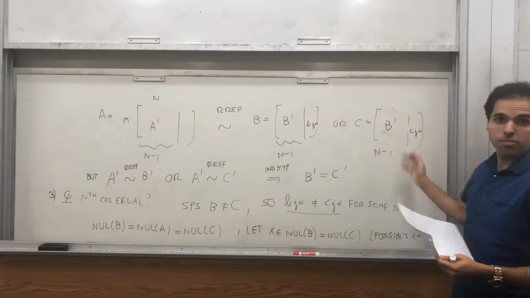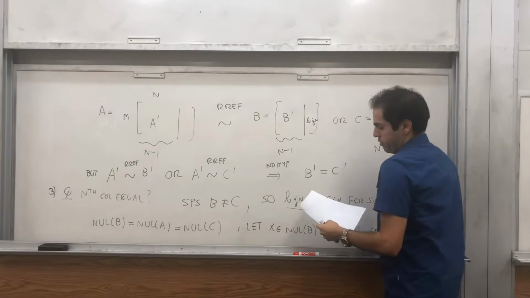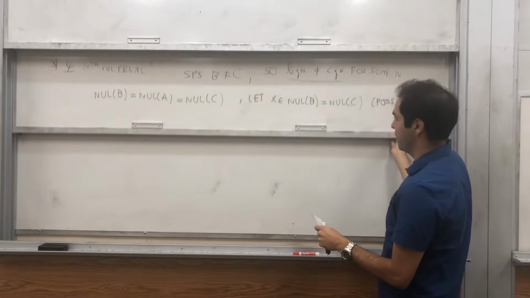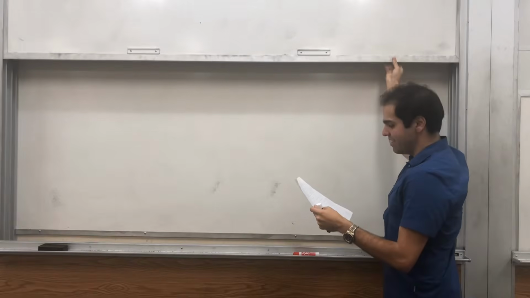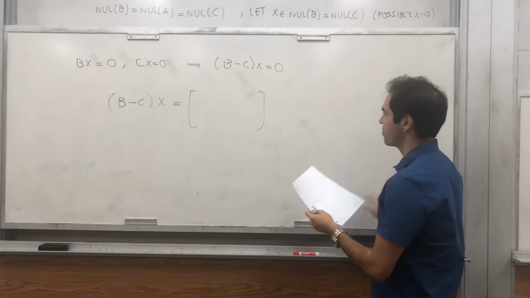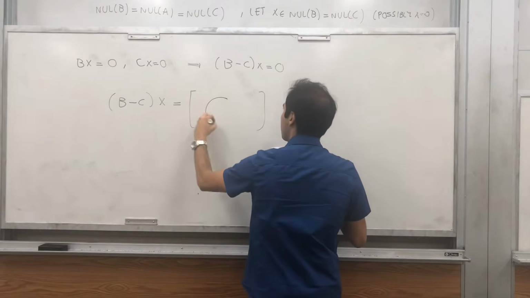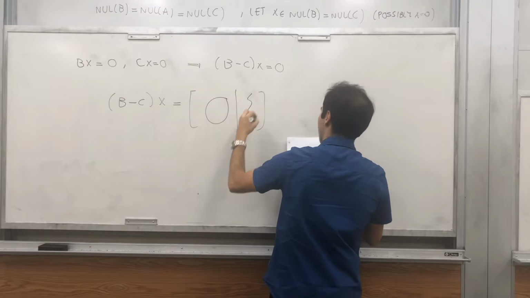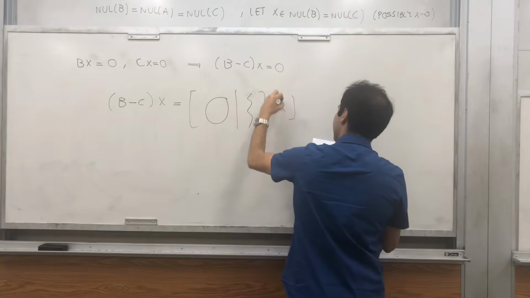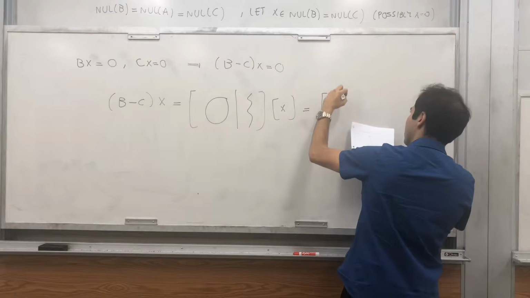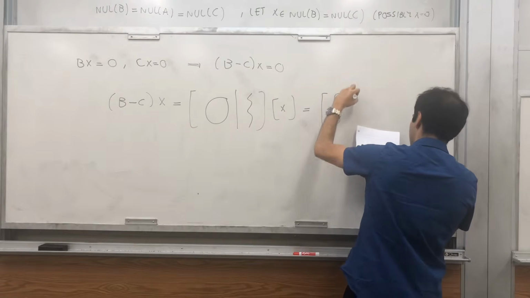And it's possible that the last column is not equal, so you might get gibberish in the last column. So (B minus C)x equals a huge 0 matrix with some junk in the last column, times the vector x, equals a bunch of zeros.